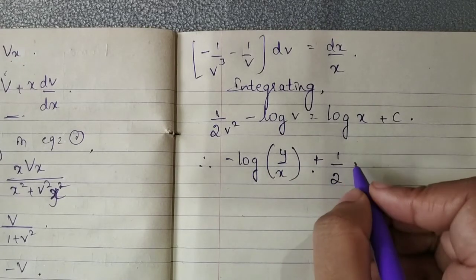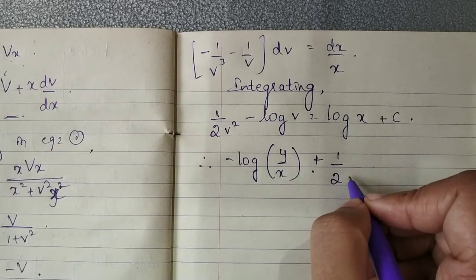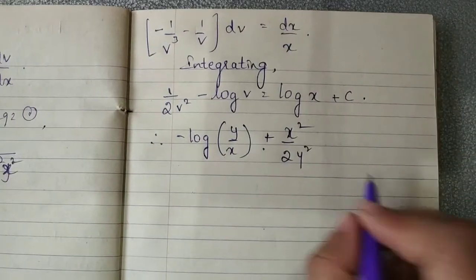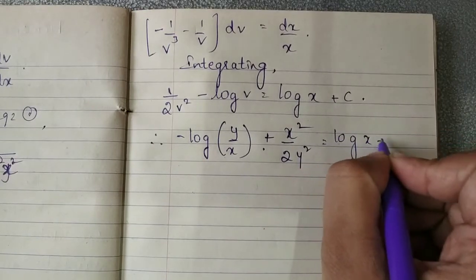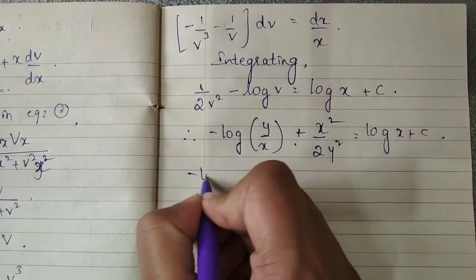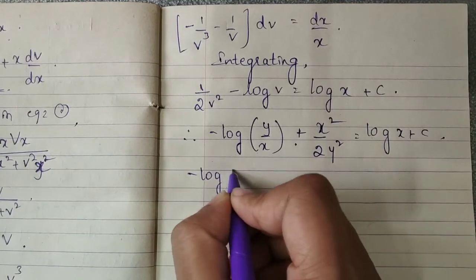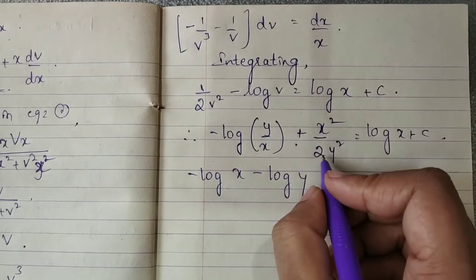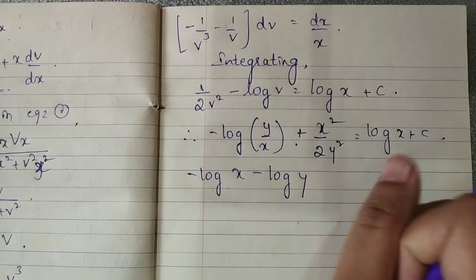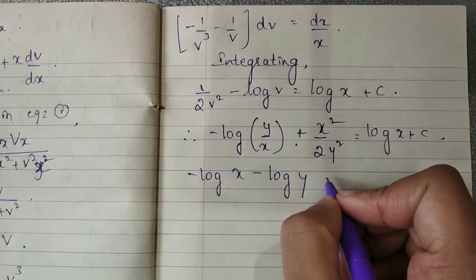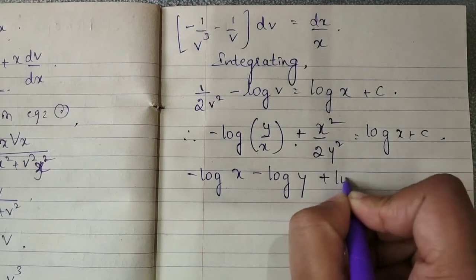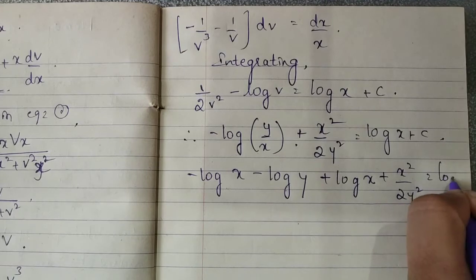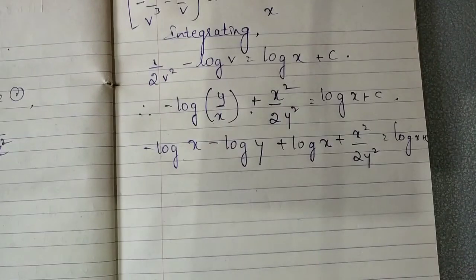Here v square is there, that means here y by x the whole square. So x square will come to the numerator equal to log x plus c, can be written as minus log of x minus log of y plus log x plus x square by 2y square equal to log x plus integrating constant c.